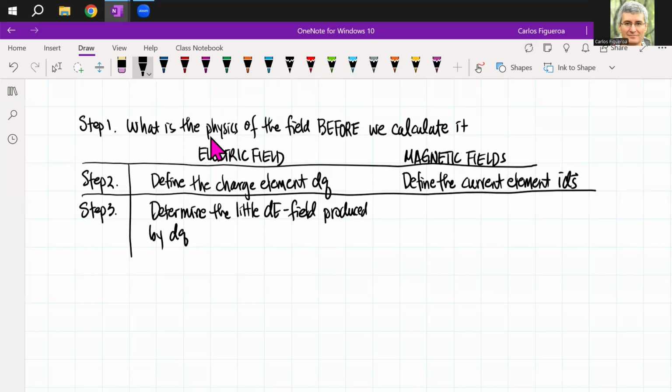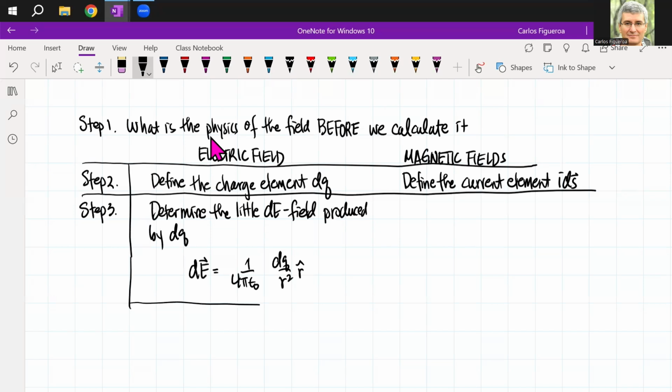Ultimately, our electric field is going to be equal to 1 over 4 pi epsilon naught, then dq over r squared, and then we have our directional part. But clearly, the most important thing here is actually calculating the displacement vector.